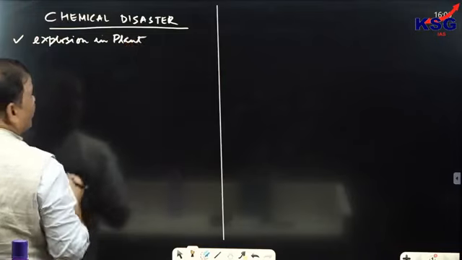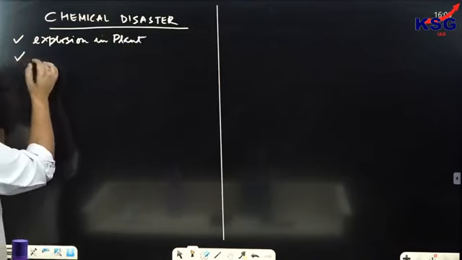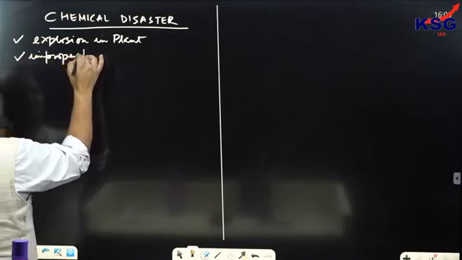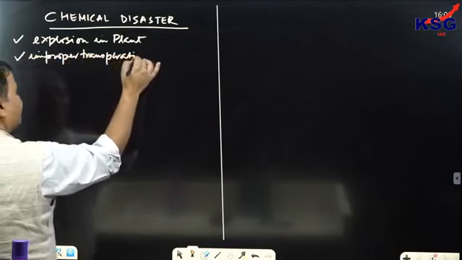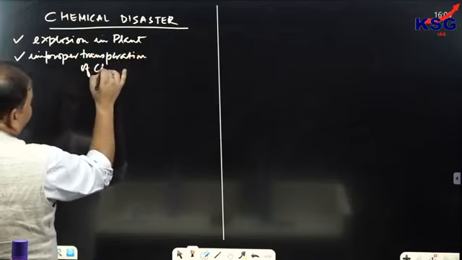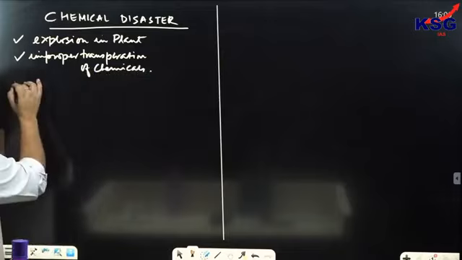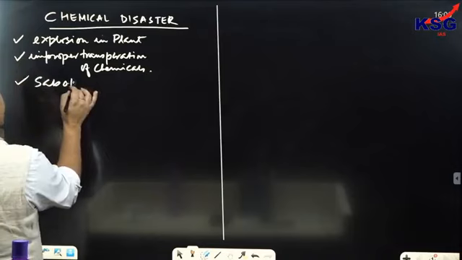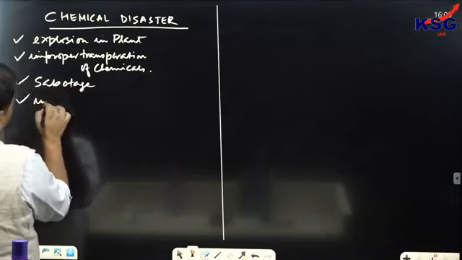For example, Bhopal gas tragedy. And second, it can take place due to improper transportation of chemicals also. It can take place also due to sabotage. Deliberately it has been done. It can take place due to improper waste management.